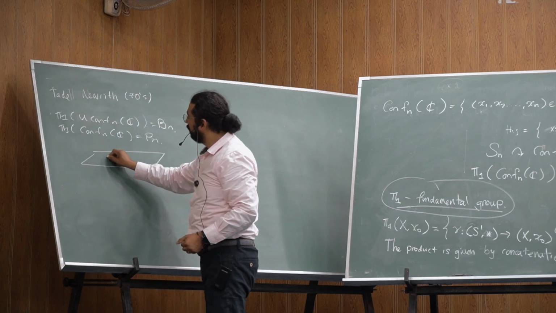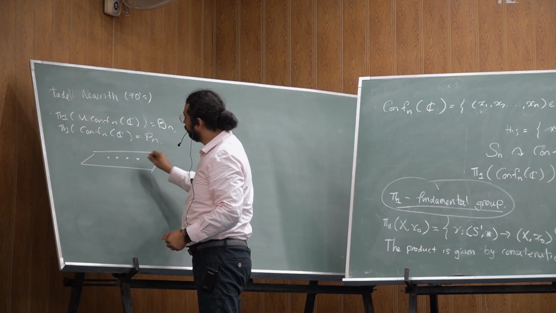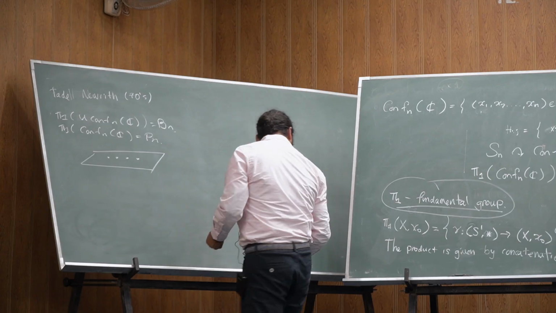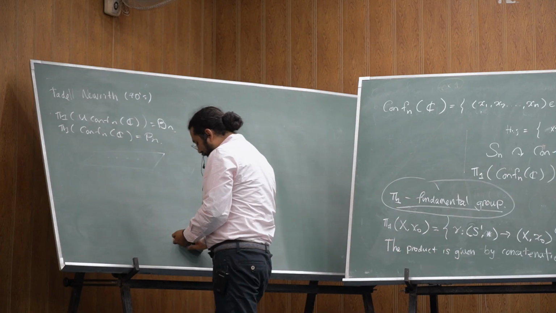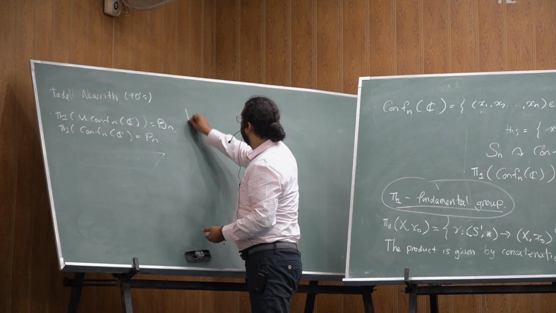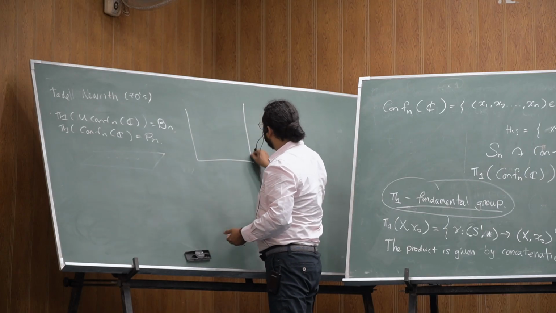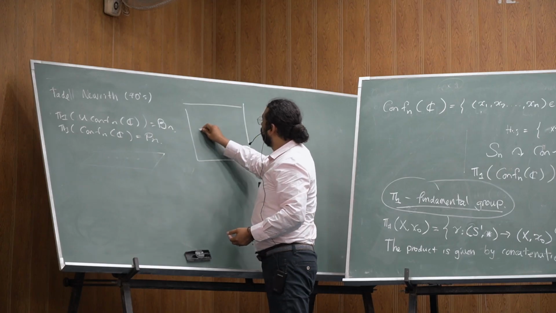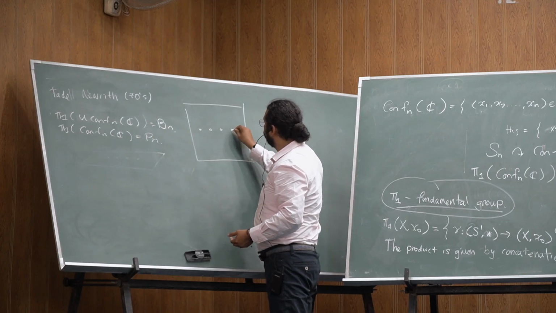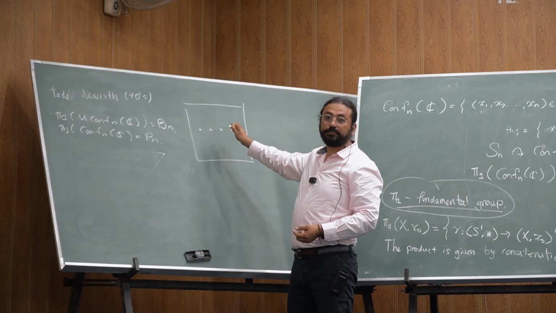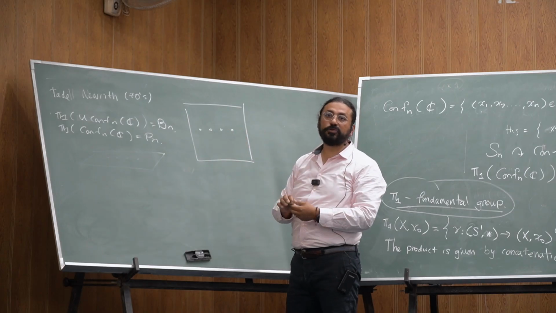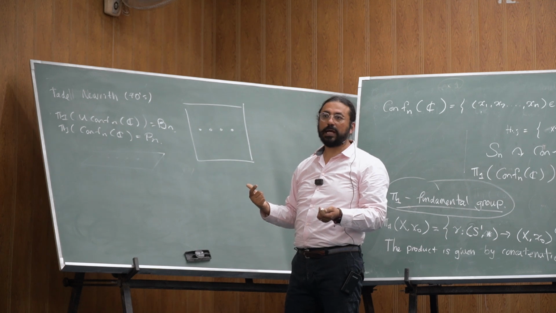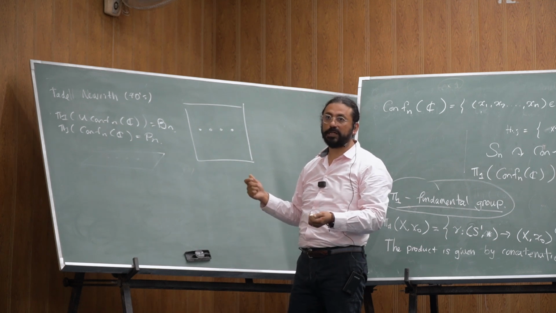We take endpoints. I will do it in two ways. These are distinct points in the complex plane, and you think of a closed curve.